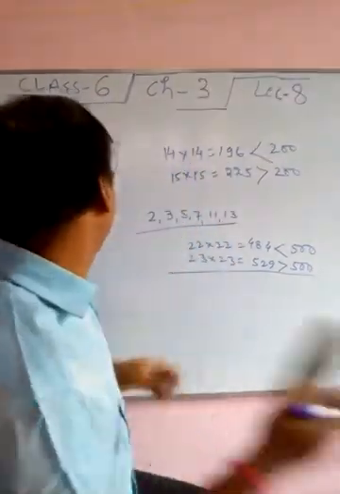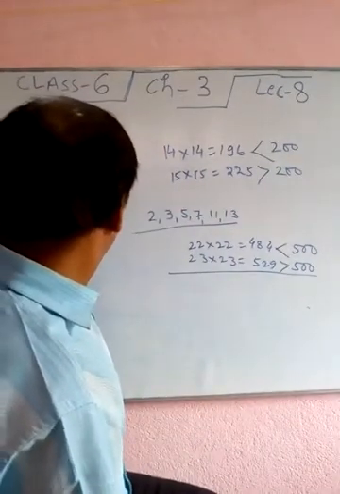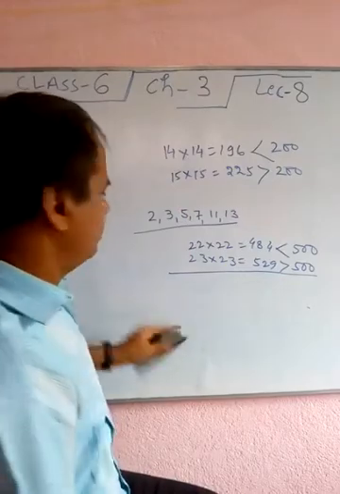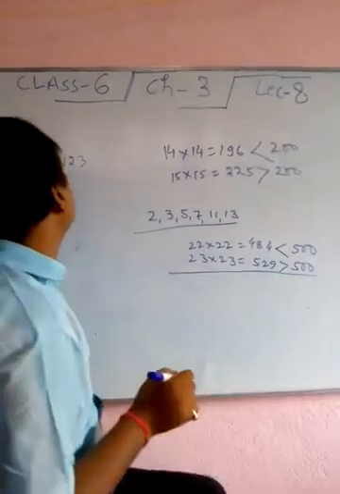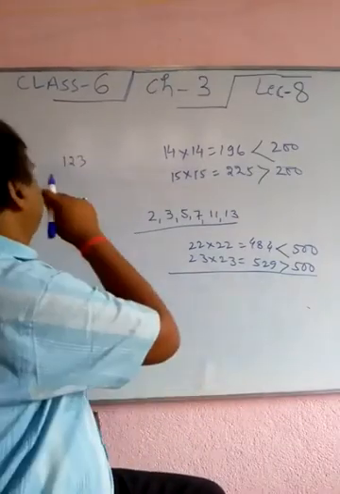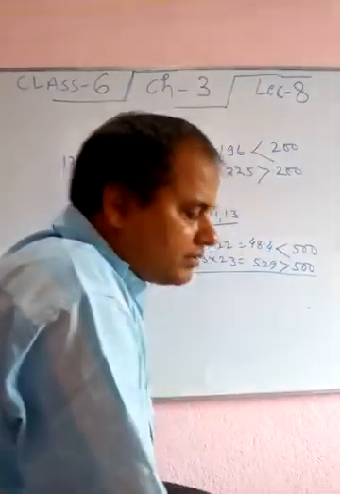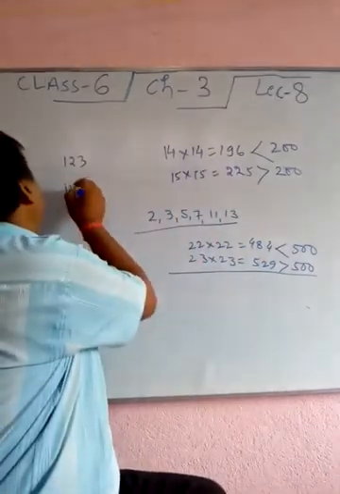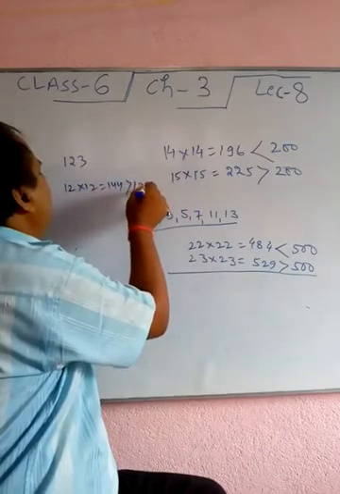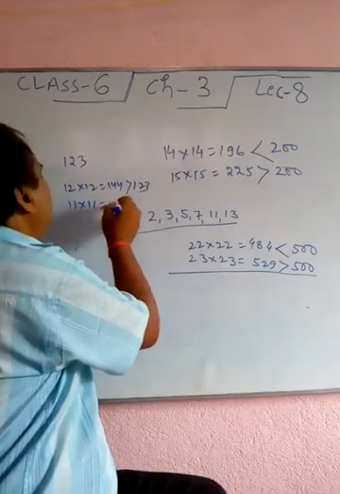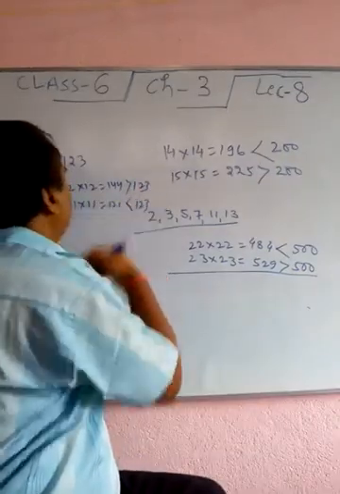Second, 123. Here 12 into 12 is more than 123, and 11 into 11 is 121, which is less than 123.